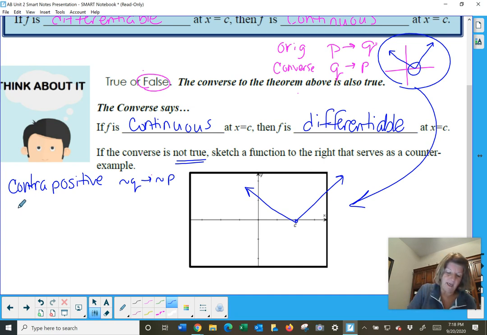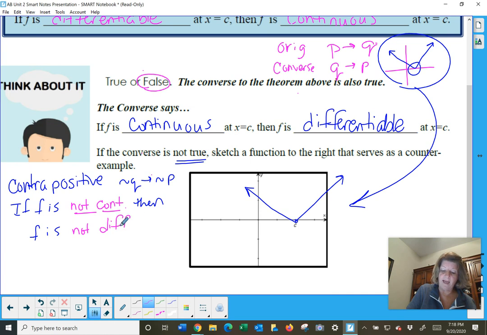So this would say if f is not continuous, then f is not differentiable. And that is true. So that one's true. This one here is definitely false.